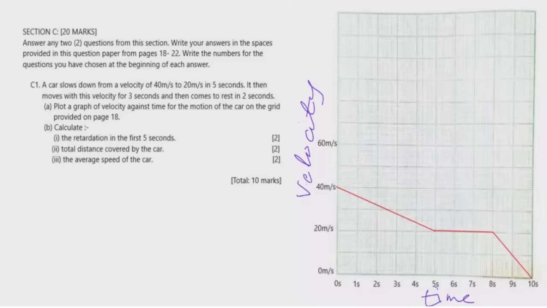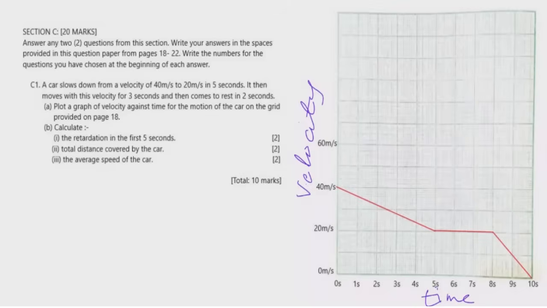After 3 seconds it took 2 seconds to come to rest, from 20 meters per second to 0 meters per second. So that's how you draw the graph, just like I've drawn there. Now we have answered question A correctly. That's how you answer it.